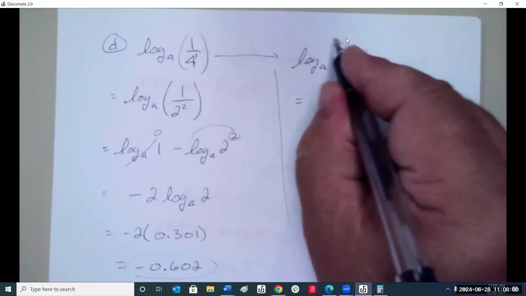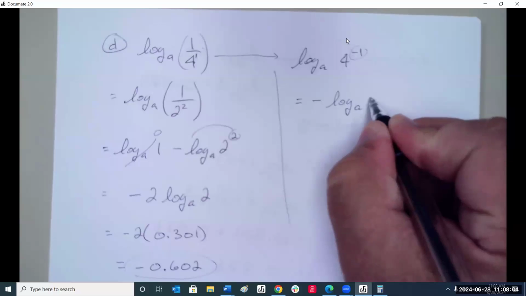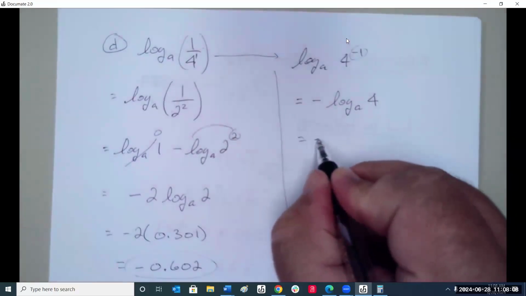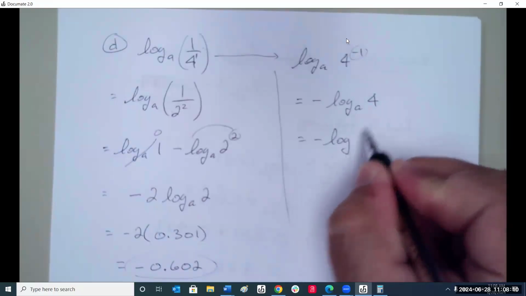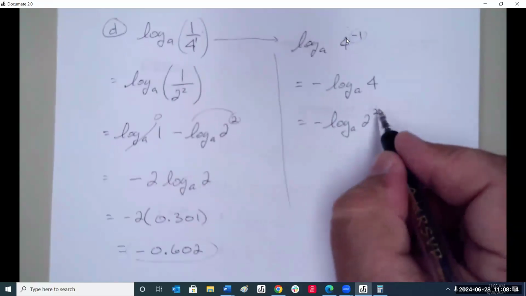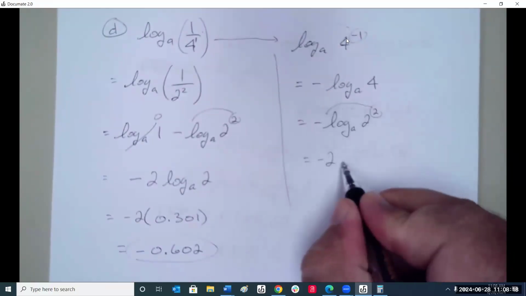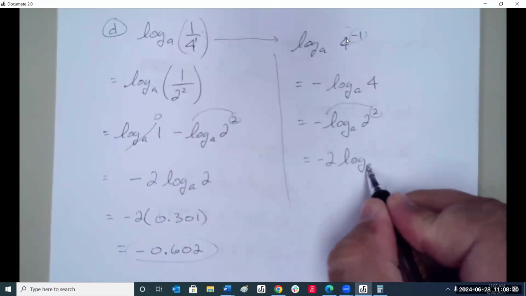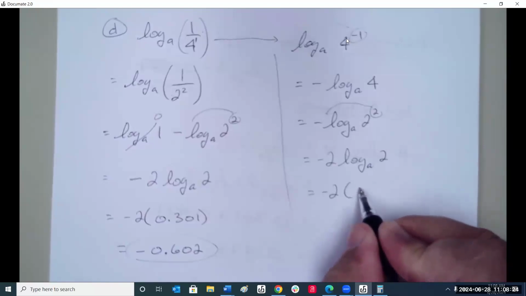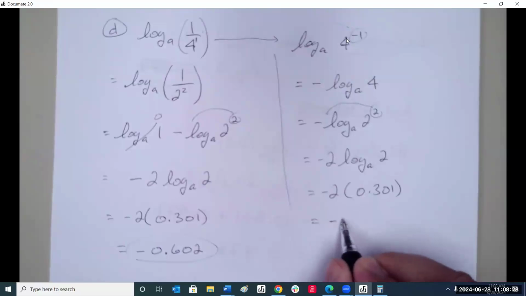So the negative exponent goes out in front. 4 is 2 squared, so the 2 goes out. -2 times 0.301, which is the same thing.